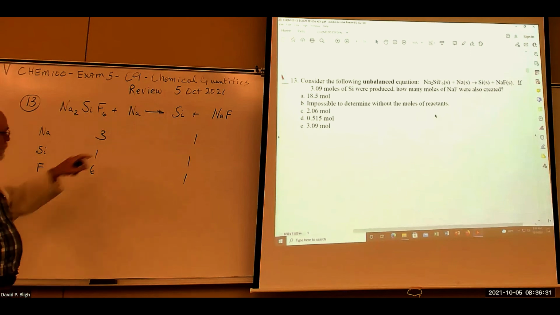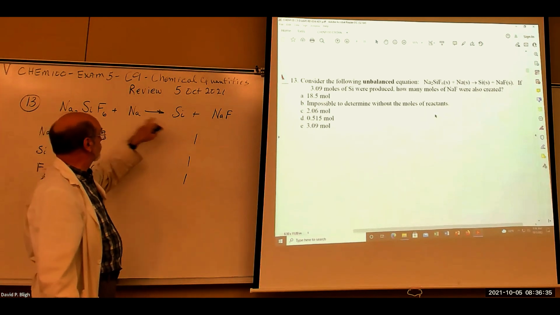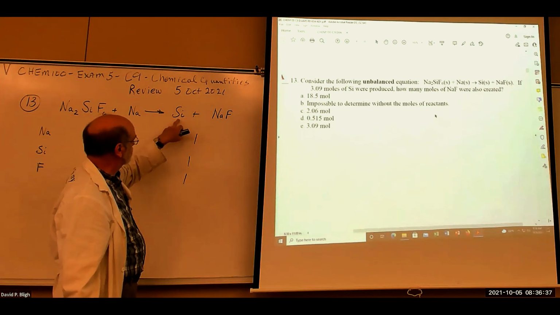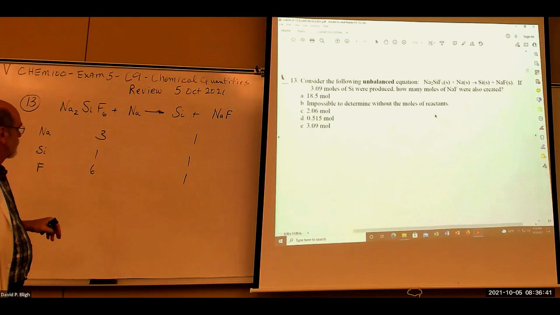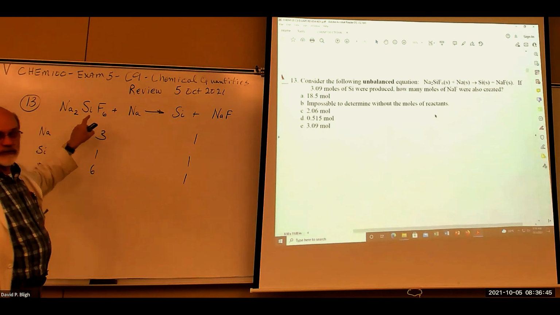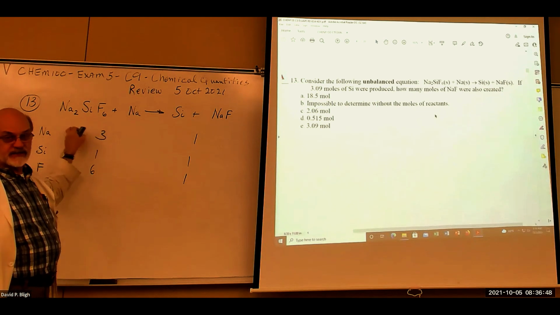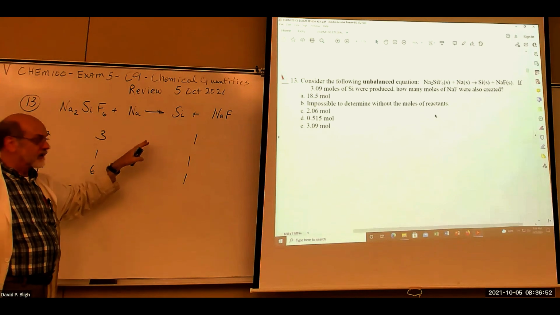We've got a sodium here, a metal, and we've also got sodium in the compound, and silicon here. So we could do either one last. I'm thinking that we probably want to do sodium last because it's in 2 places, and we'll get the silicon before that.